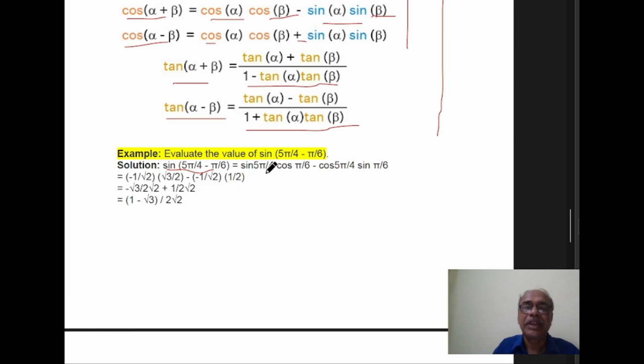So sin alpha cos beta minus cos alpha sin beta, and you substitute the value, and we will get the final value.